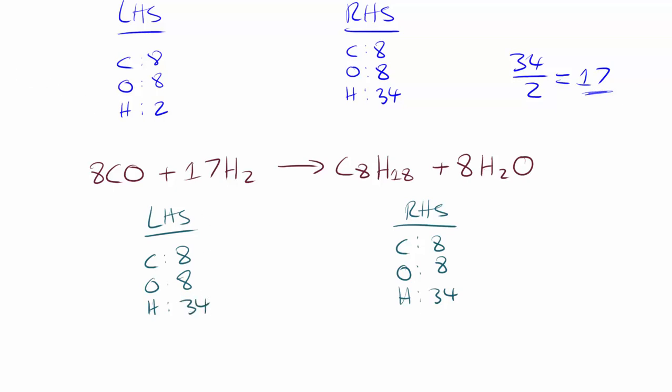If we now make a comparison between left hand side, right hand side, what do we find? We find that at this stage it is balanced. We've got an equal number of occurrence of each element on both sides of the equation, and as the question specified, we do also now have whole numbers, we've used whole numbers in each instance to do the balancing, right? So in effect, this is our balanced equation, right?